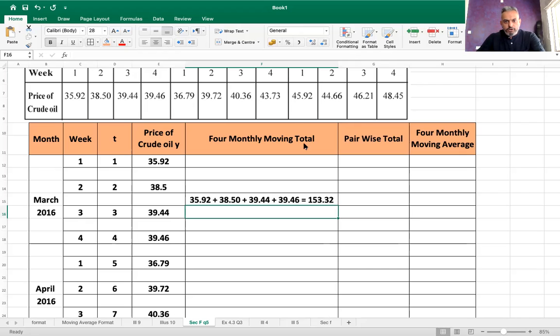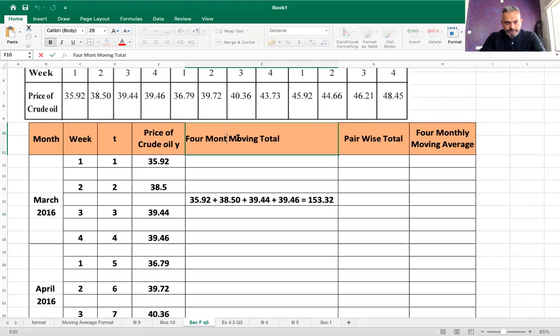Yeah, Lakshman, what do you want to say? Sir, in the question it is asked to find 4 weekly. Monthly is written, sir. Okay, the heading title is an issue. I'll change the title.